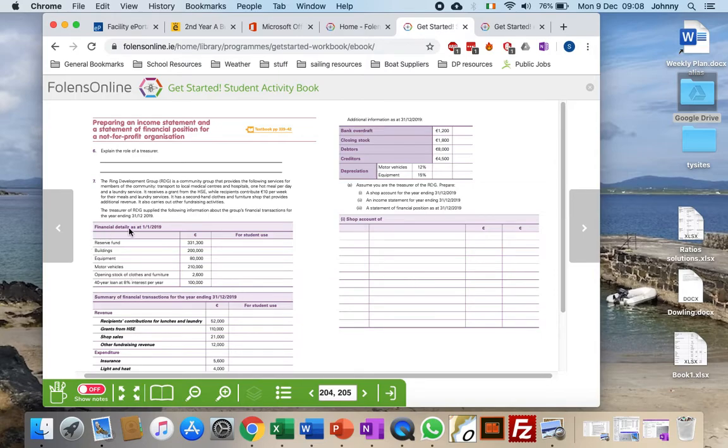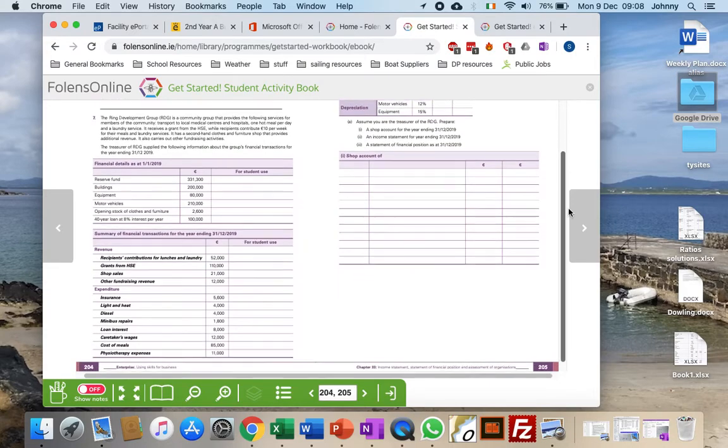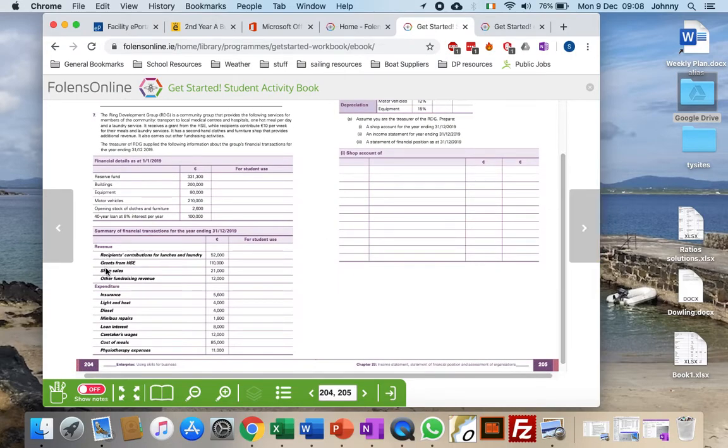Well, in the financial details at the beginning of the year, it says there's opening stock of clothes and furniture. So there's our opening stock. We have our closing stock here, 1,800, that's at the end. And then we're looking for revenue, so we're looking for shop sales, so shop sales 21,000, and we're looking for shop purchases. Do I see any?